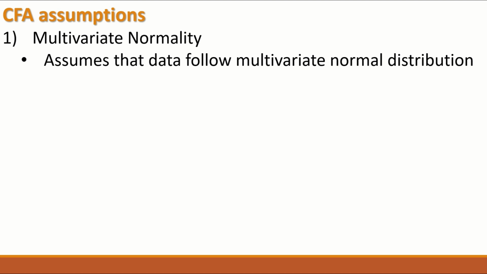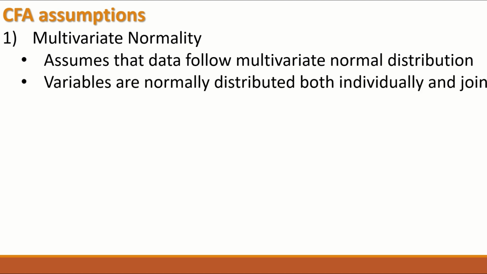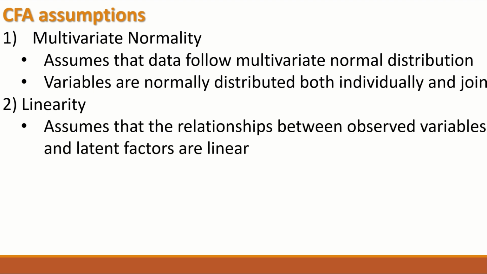It assumes that the data follow a multivariate normal distribution and variables are normally distributed both individually and jointly. The second assumption is linearity. It assumes that the relationship between observed or measurable variables and the latent factors or constructs is linear.